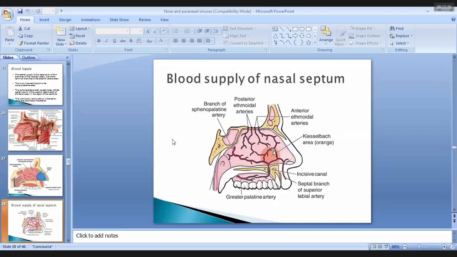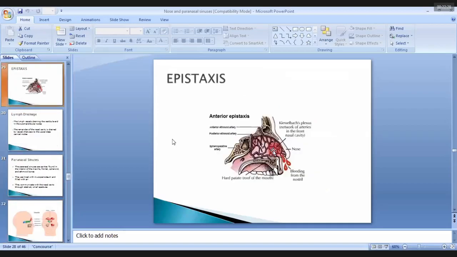The clinical significance of Kesselbach's area is because there is a rich anastomosis between the branches of these arteries. So a slight injury or any change in temperature can lead to bleeding from the nose, and this bleeding is known as epistaxis.